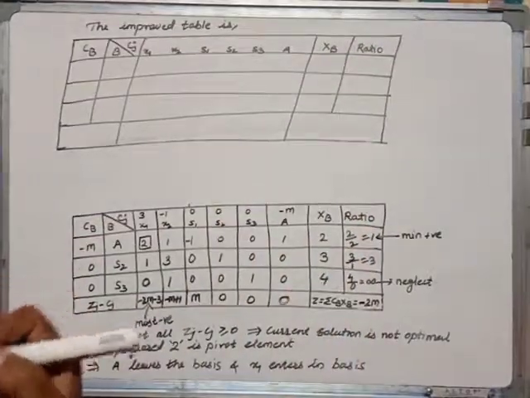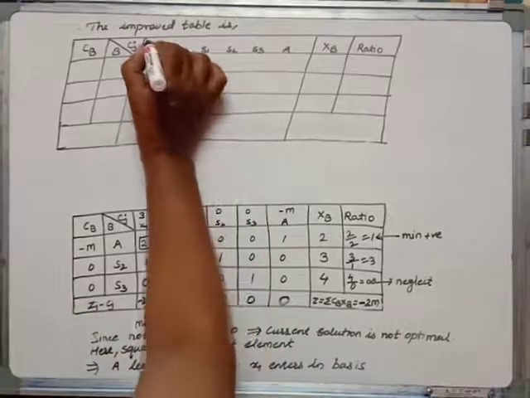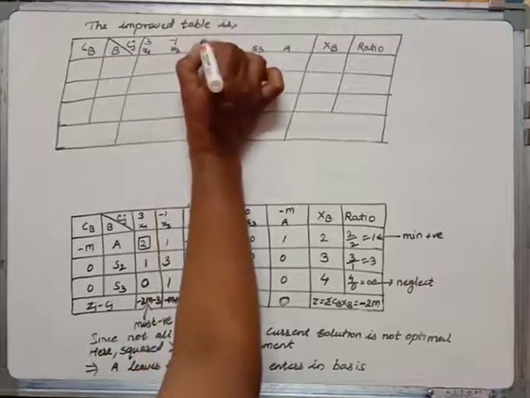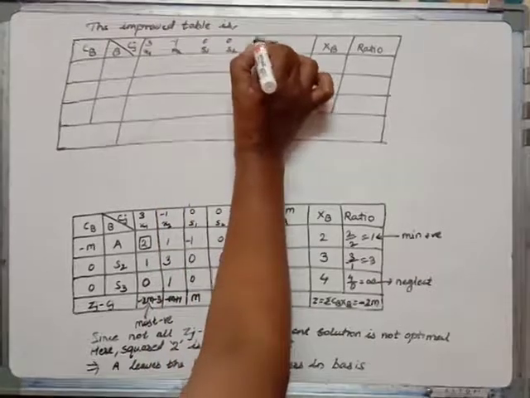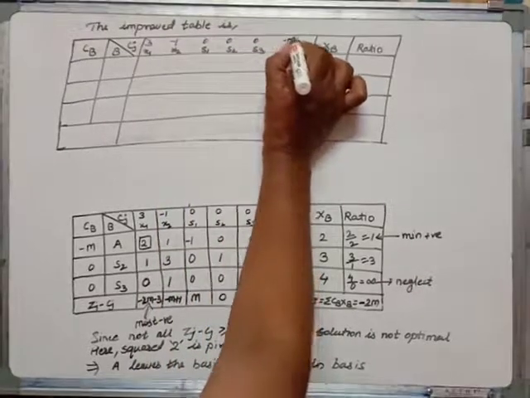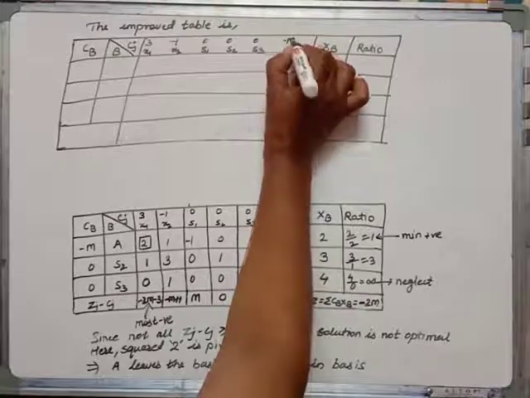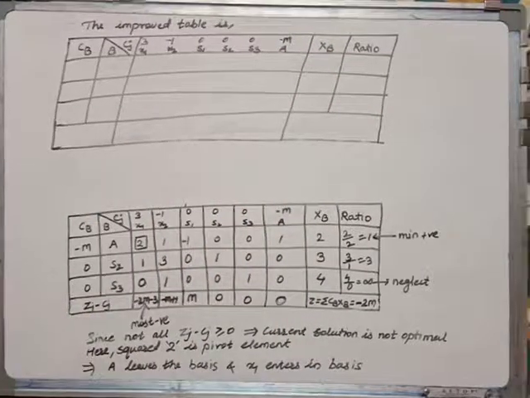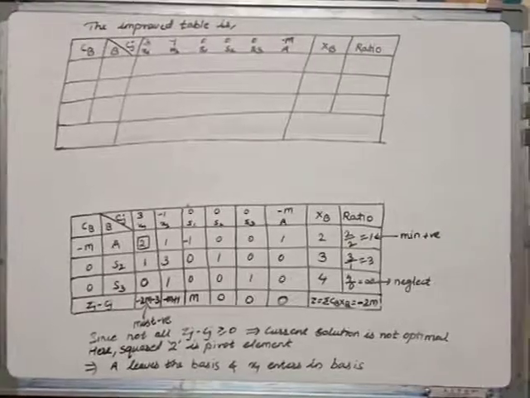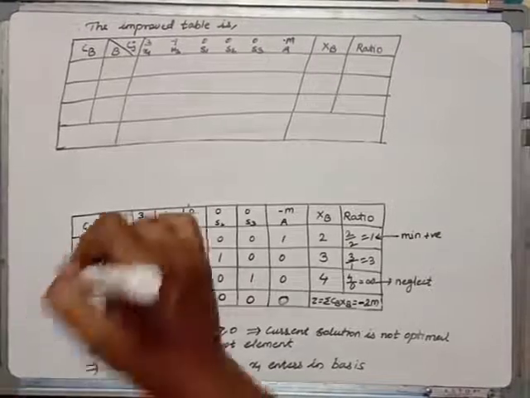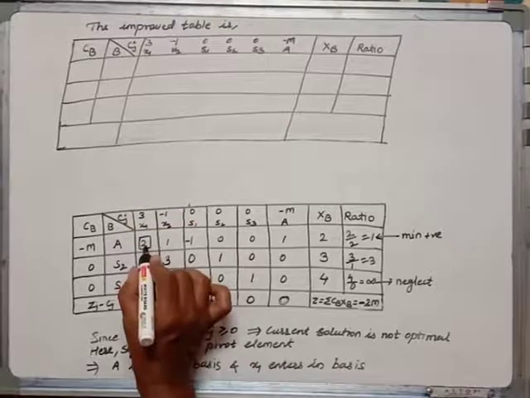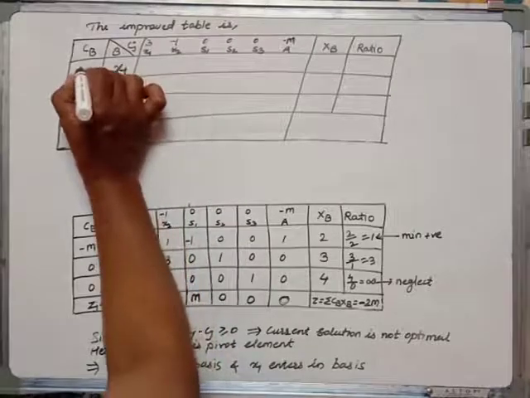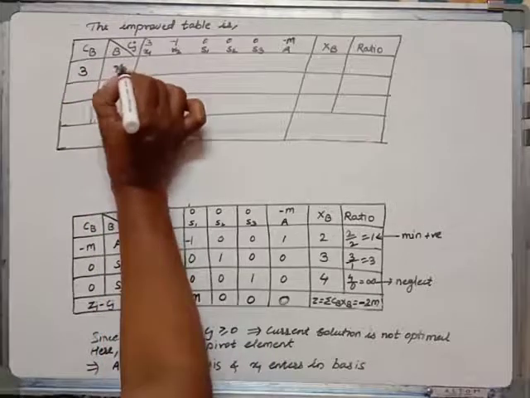Okay. Now same here, 3, minus 1, 0, 0, 0 and minus m. Now this pivot element is 2, and here A is replaced by x1 having the coefficient 3.